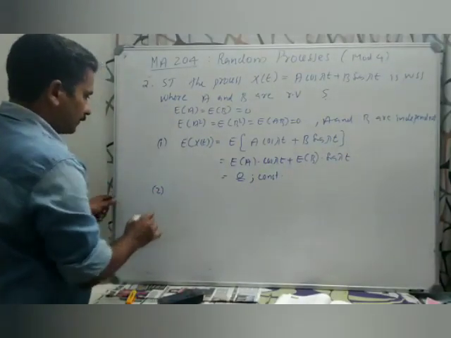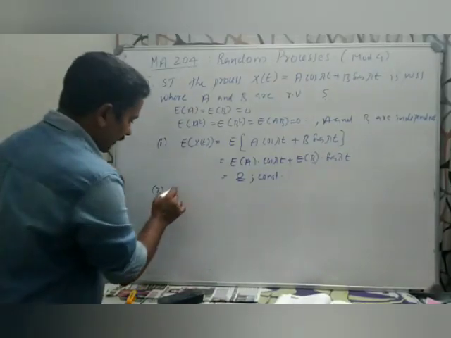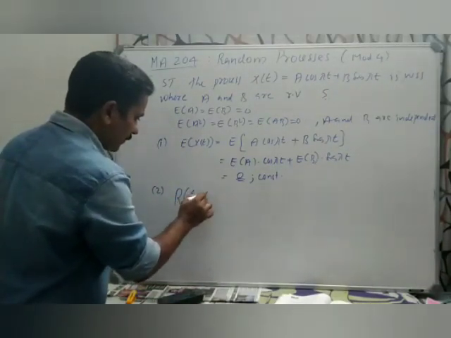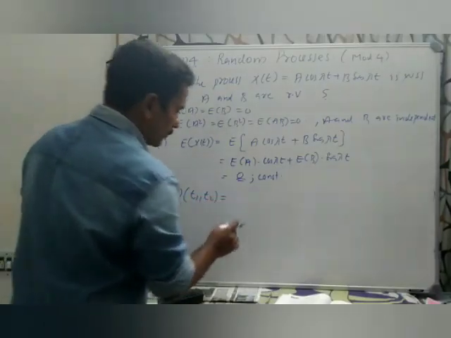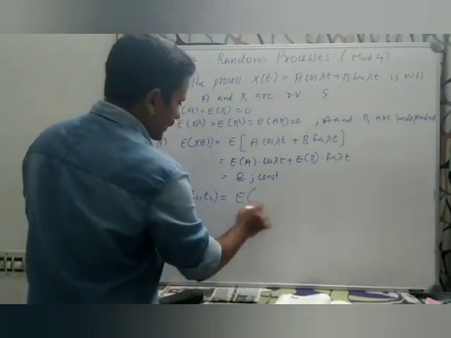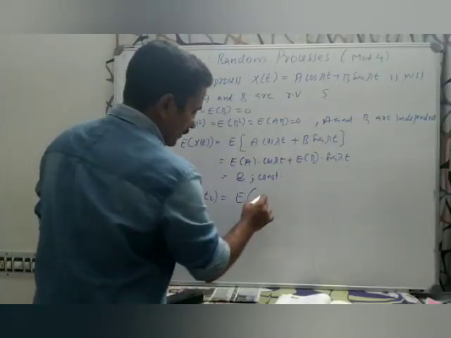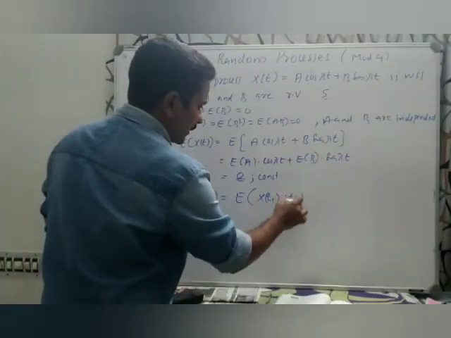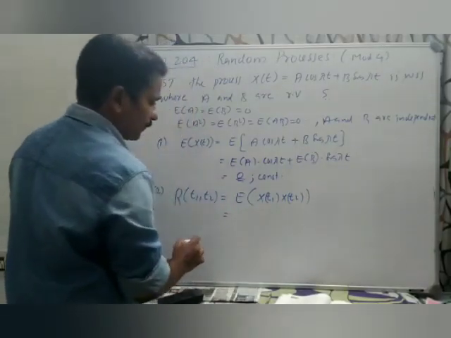Second part, we find the autocorrelation function r of t1 t2. The definition is expectation of x of t1 times x of t2.